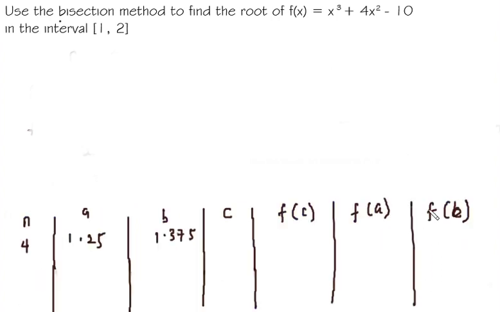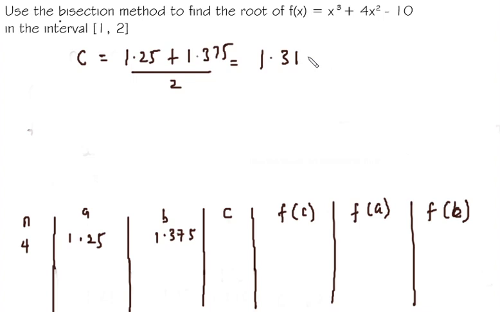Okay, so we have our terms ready for our fourth iteration. So our c value is 1.25 plus 1.375 divided by 2. So our c value is 1.3125.